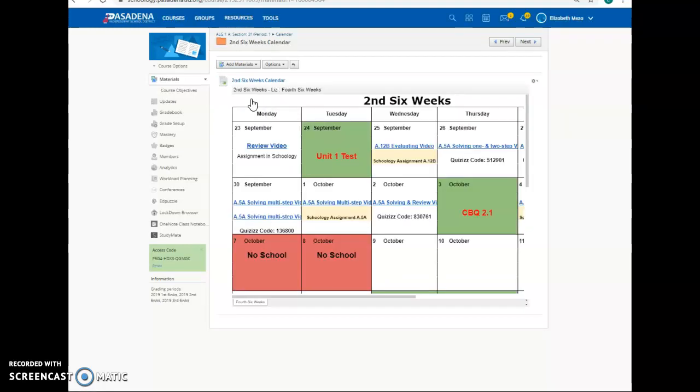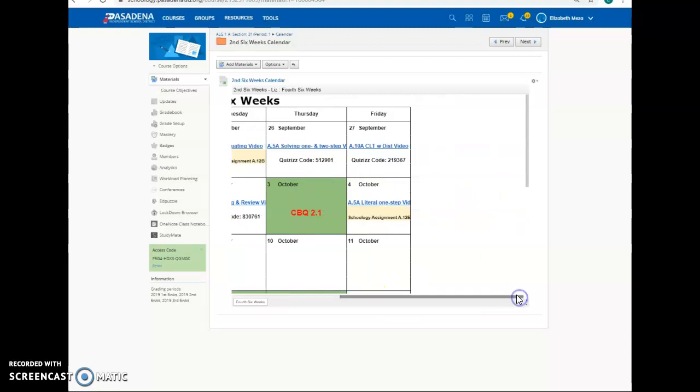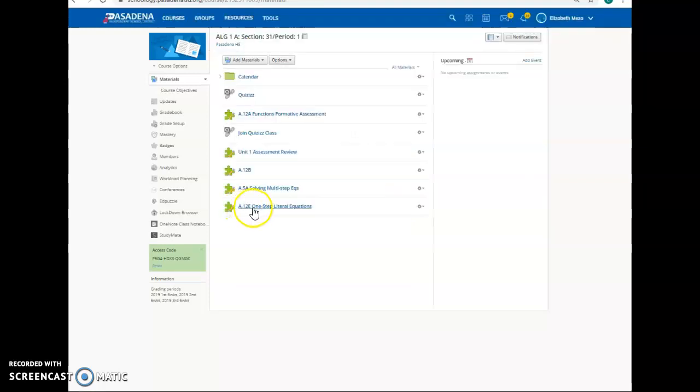Second 6 weeks for today, it says Schoology assignment A12E. When it says Schoology assignment, that means it's in the front page. And there's also a video for it so you can rewatch it again. So you would go to the front page and it's at the bottom, A12E One-Step Literal Equations. So click on it and start working those problems.